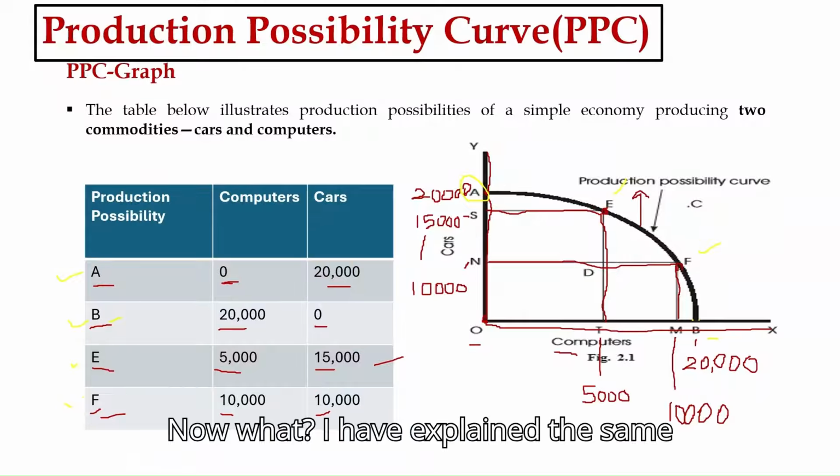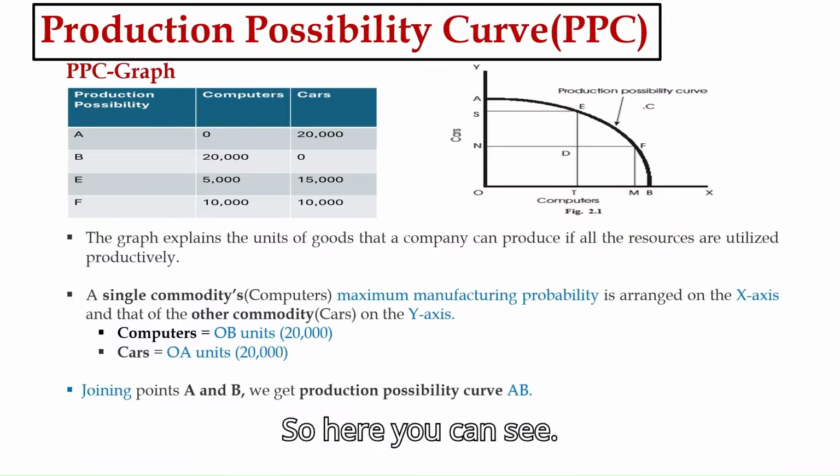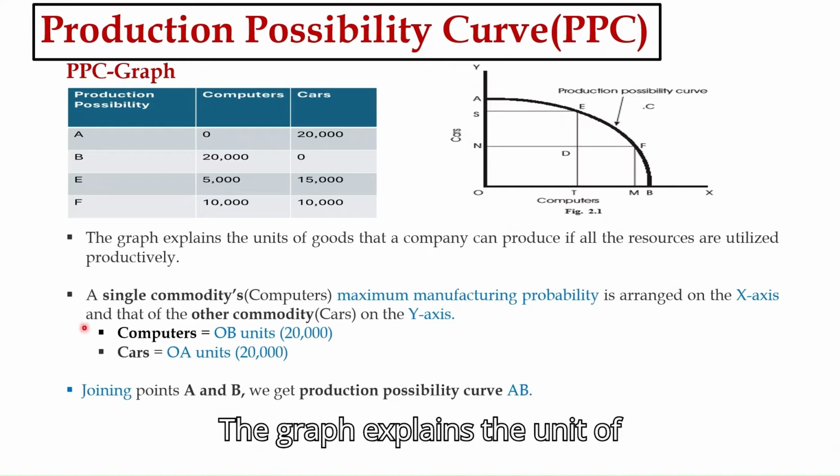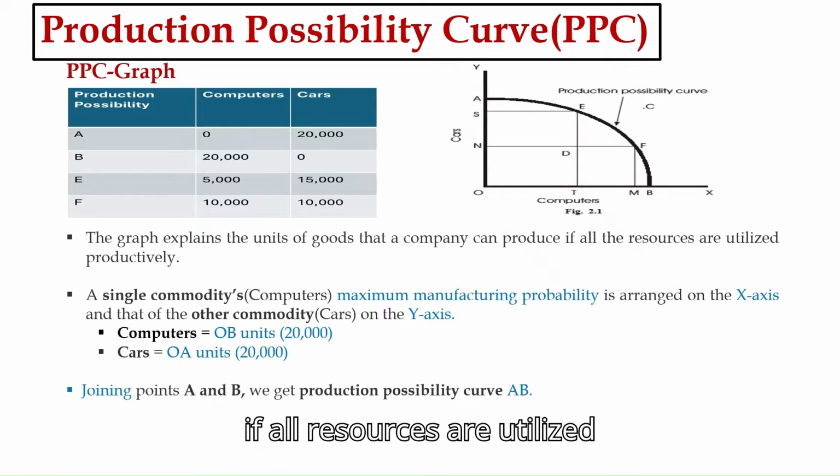Now what I have explained, we will see the explanation again. Here you can see the graph explains the units of goods that a company can produce if all resources are utilized productively.